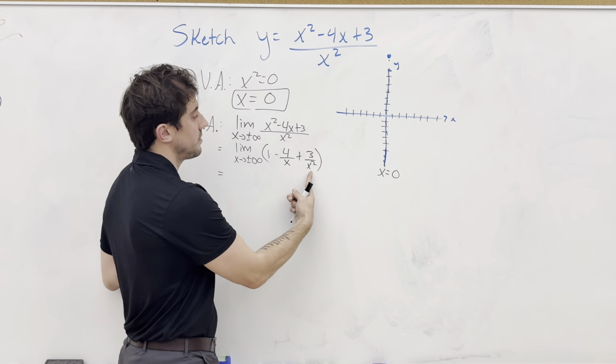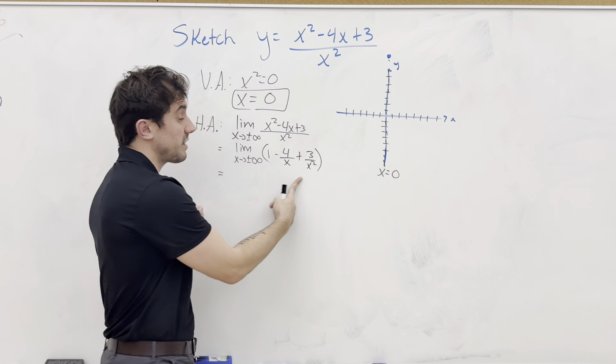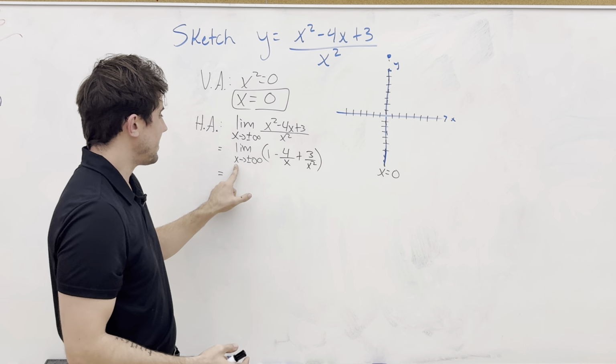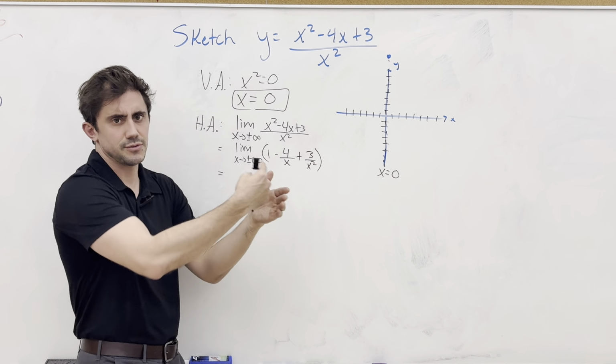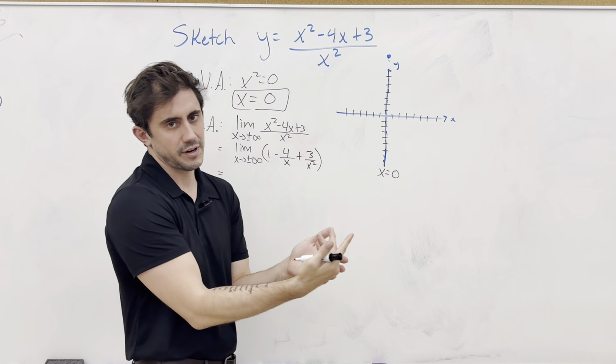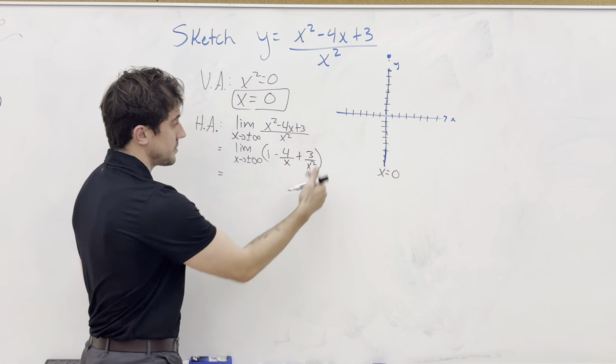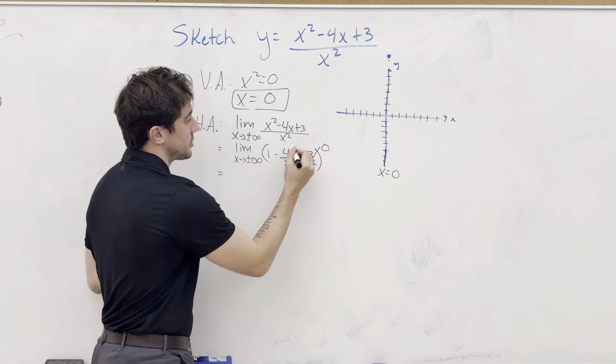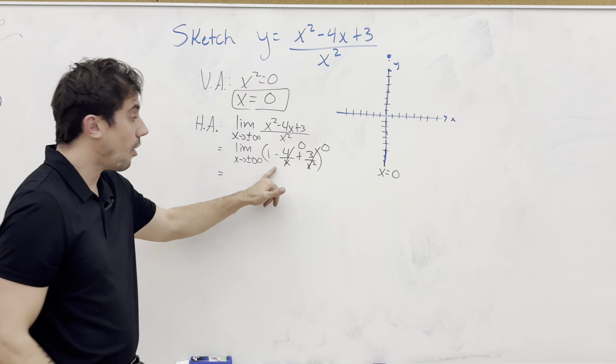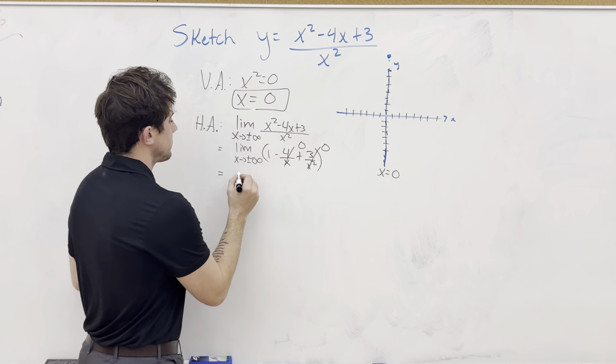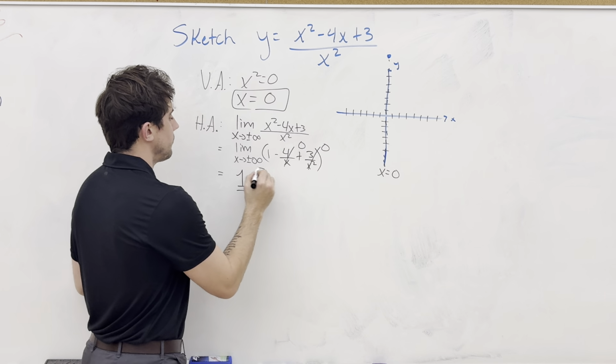And so will the third term, the 3 over x squared, even faster, because as x goes to infinity, x squared gets to infinity faster, if you want to think of it that way. And so this term is going to go to 0. This term is going to go to 0. And so all we're going to have left is a value of 1.